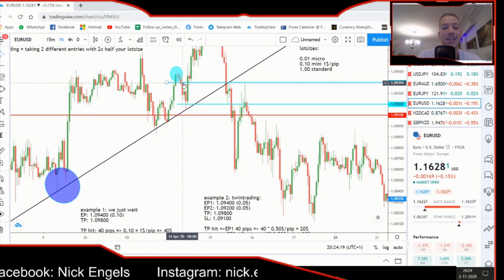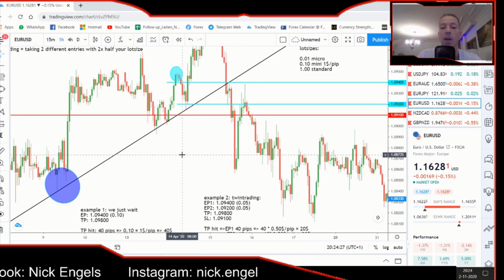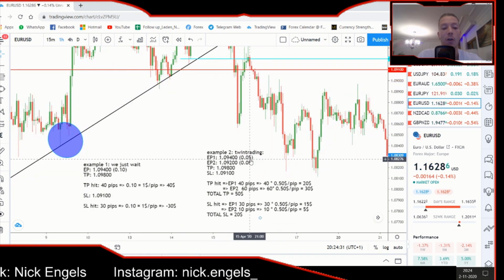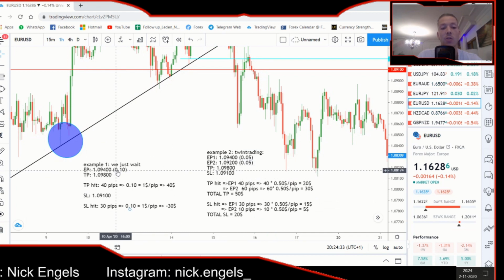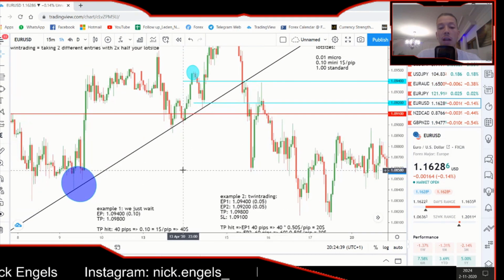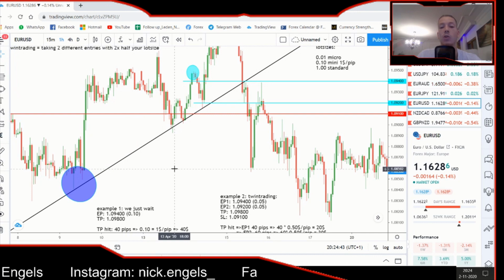We took the same entry as the first example, but we took a second entry over here at the second blue line. At both entries, we used half our lot size. So instead of using 0.10, we actually used 0.05. So we took two entries with 2 times half our lot size. And this is what twin trading is.